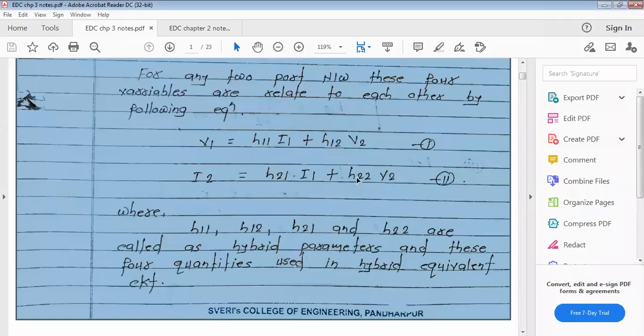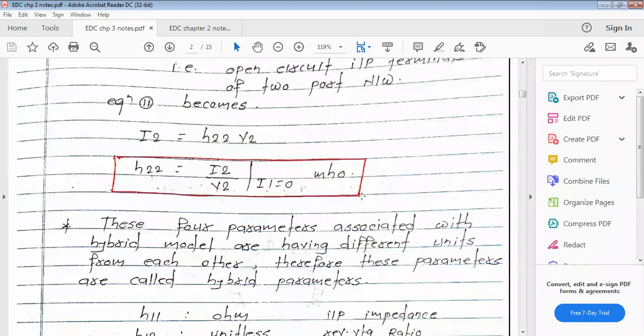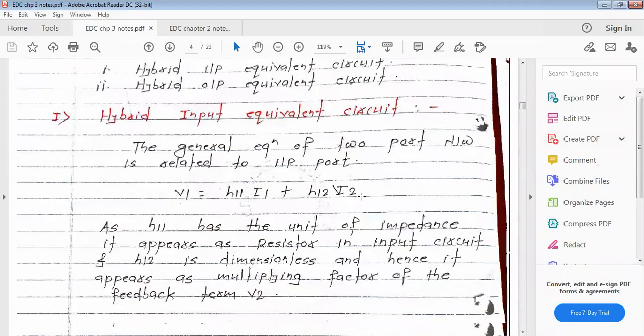So to find out the equivalent circuit, we have to find out the equivalent circuit for input and we have to find out the equivalent circuit for output. Why is it so? Because now our transistor we can define in terms of a two-port network. Okay, so we have to find out the hybrid input equivalent circuit for the input side and the hybrid output equivalent circuit for the output side.